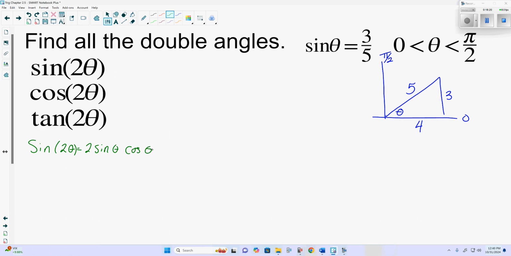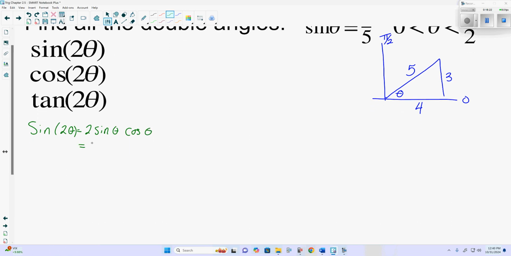Now, unfortunately, unlike with the last one, we can't just get sine of 2 theta like we did cosine. Because we can replace sine of theta with its value 3/5, but we still need cosine of theta to actually get the angle. Cosine is going to be adjacent over the hypotenuse.